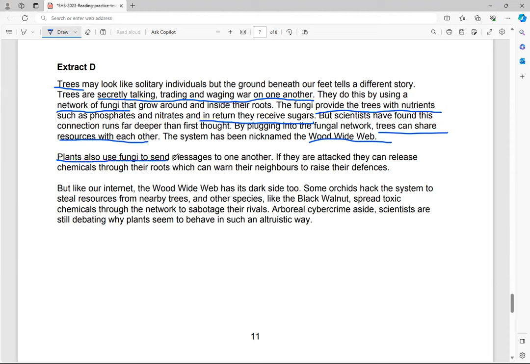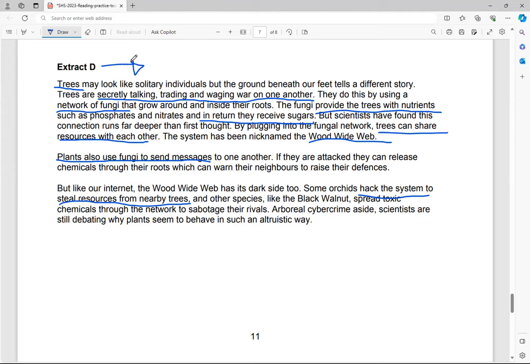But like our internet, the Wood Wide Web has its dark side too. Some orchids hack the system, so orchids are hackers, to steal resources from nearby trees, and other species, like the black walnut, spread toxic chemicals through the network to sabotage their rivals. Arboreal cybercrime aside, scientists are still debating why plants seem to behave in such an altruistic way.